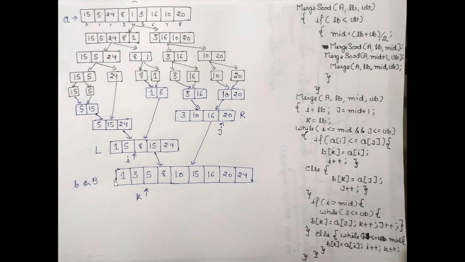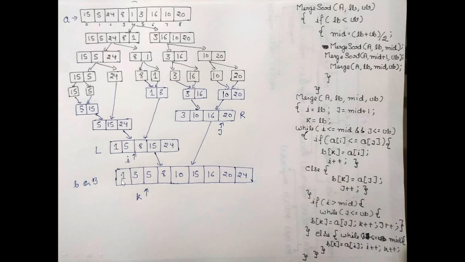For the first element, we have compared 15 and 5. We have found that 5 is less than 15, that is, a of j is less than a of i. So in the else block, a of j will be assigned to b of k. Now k has value 0, because k is assigned the lower bound, and this lower bound has not changed throughout; we passed 0 as the lower bound in the starting.